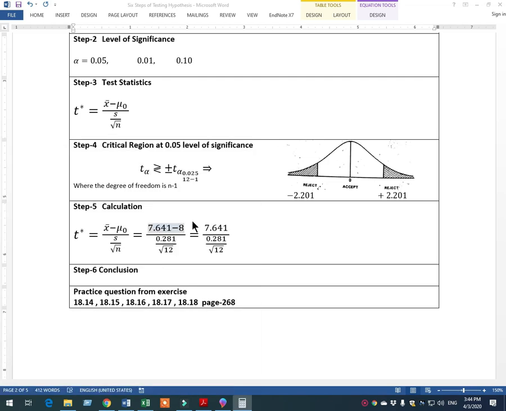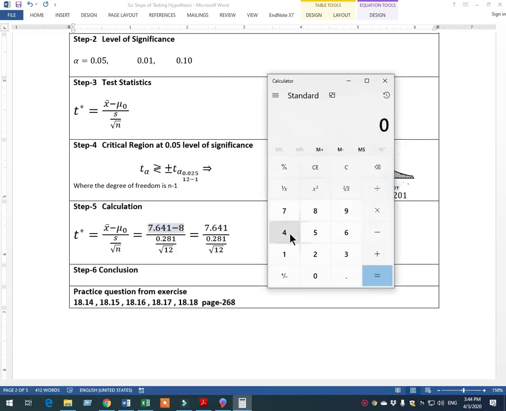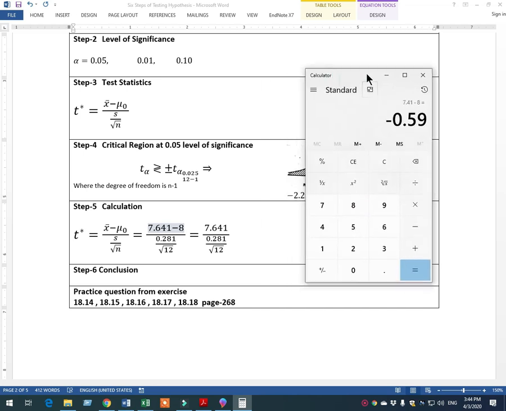This is our calculator. So 7.641 minus 8 is minus 0.59.